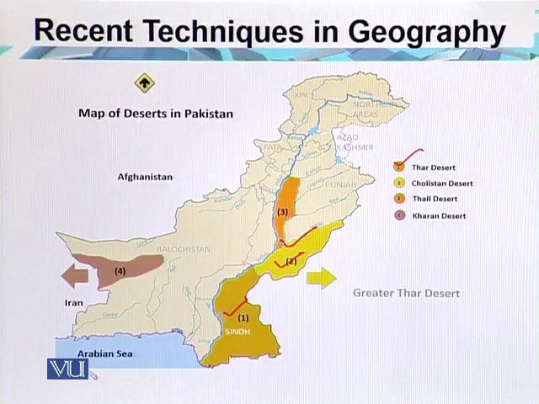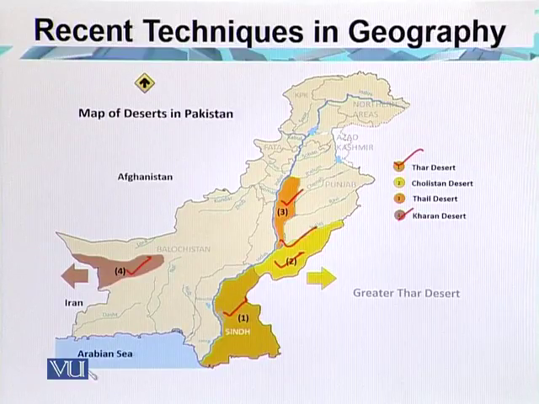The Thal Desert belongs to the central part of Punjab, and the Kharan Desert is on the western side of Balochistan. So with the given statistical techniques, we can interpret the data in different ways.